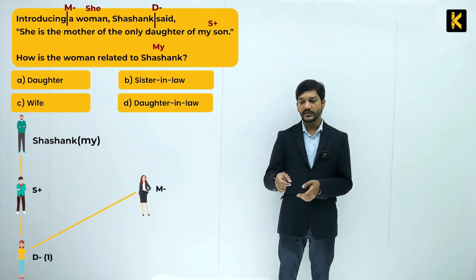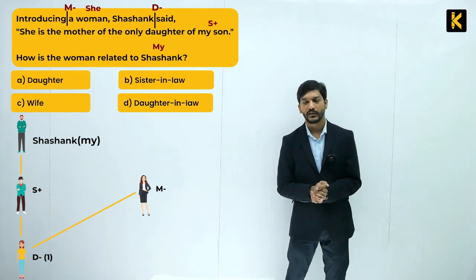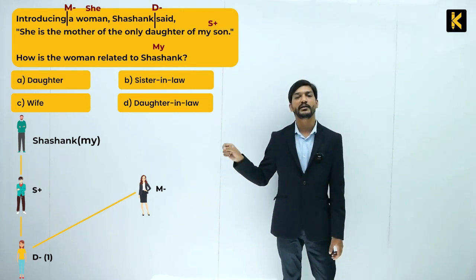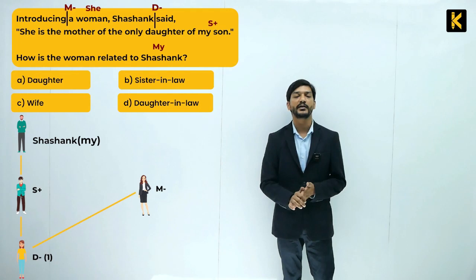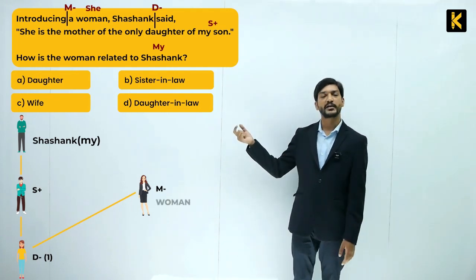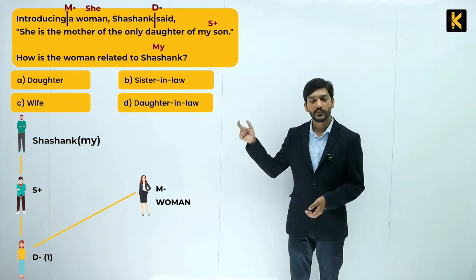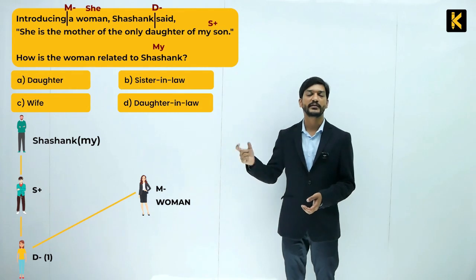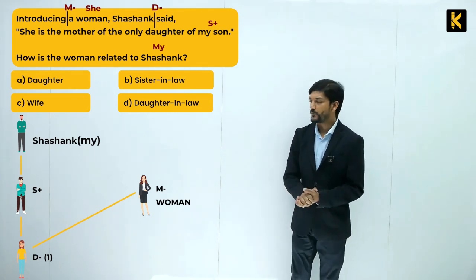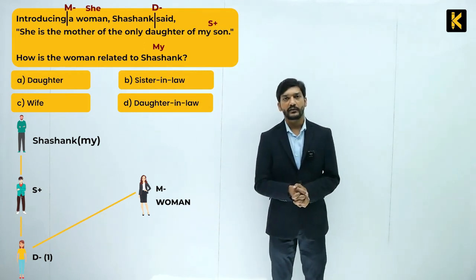So that means the person we have mentioned by the letter M minus is the woman Shashank is talking about. With this person, let me write woman so that it is clarified that this is the person for which the word woman is used in the question. Alright. Perfect. So we have completed the statement.